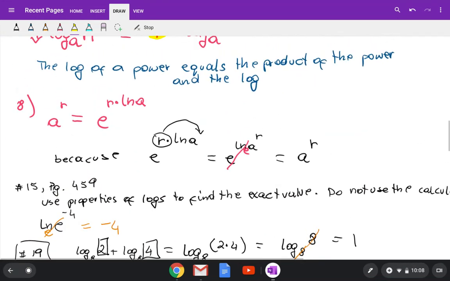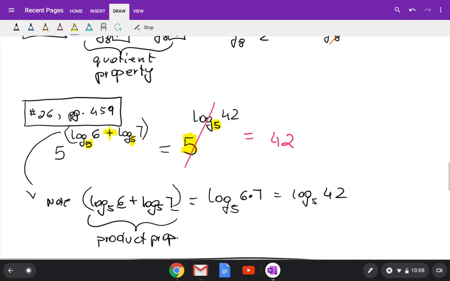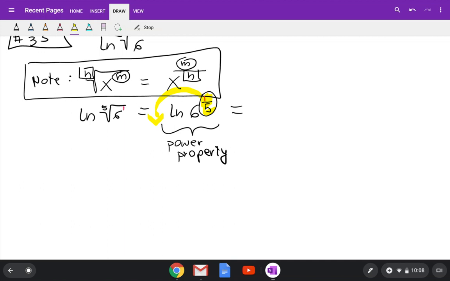We're using the power property, number 7. You have a power, you can move it right here in front of the entire logarithmic expression. Before you continue with these lectures, rewrite all the properties on the index card so you can follow my explanation. So this is the same as 1 over 5 times ln of 6.